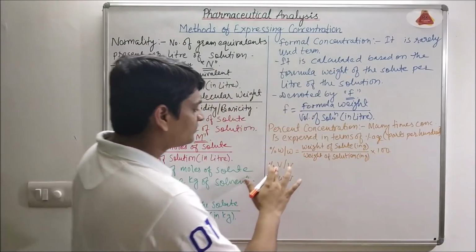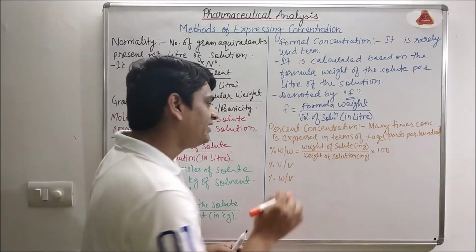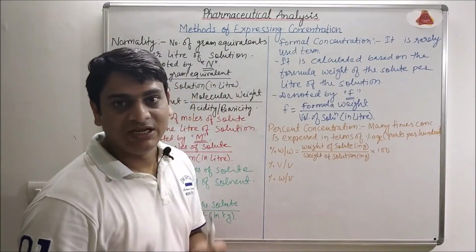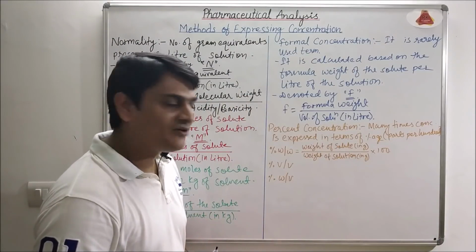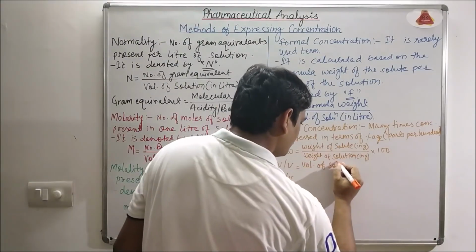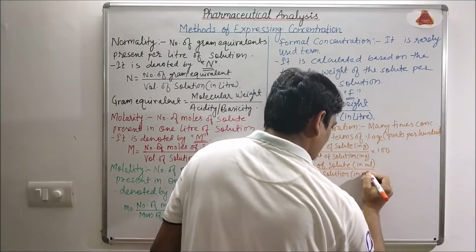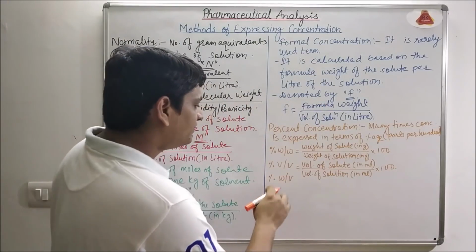Next one is the formula for volume by volume. So volume of solute in ml divided by volume of solution in ml into 100, that will be the formula for percent volume by volume. Next one is percent weight by volume.